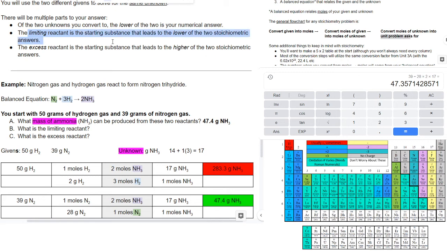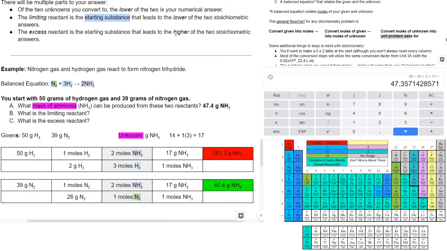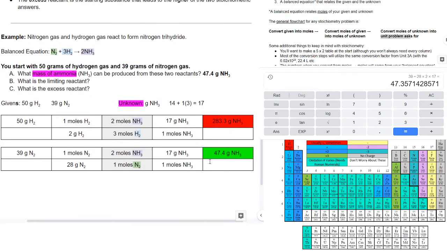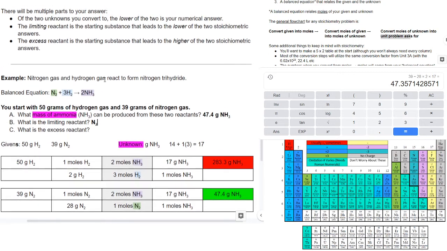Which leads to this next bullet point. Our limiting reactant is the starting substance that leads to the lower of the 2 stoichiometric answers. So 47.4 is our lower answer from stoichiometry. We look back at the start, and N2 is what got us to that lower answer, so that is our limiting reactant.